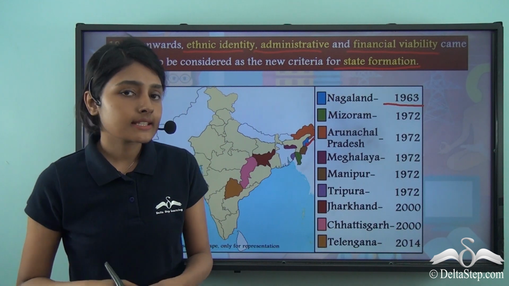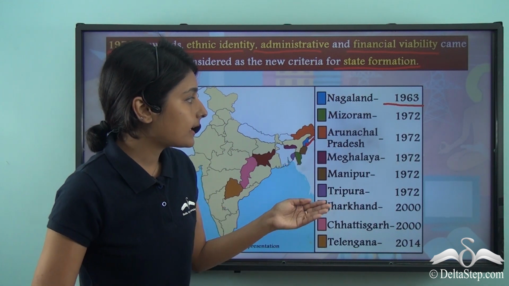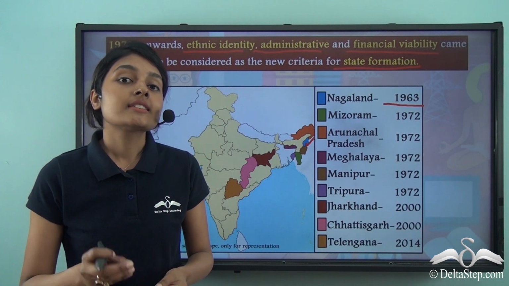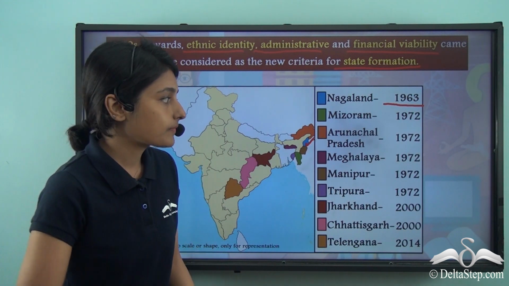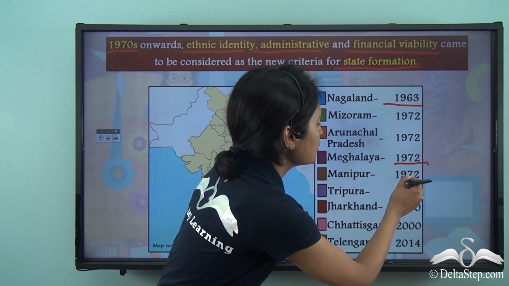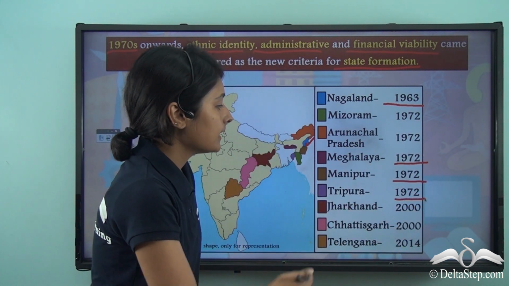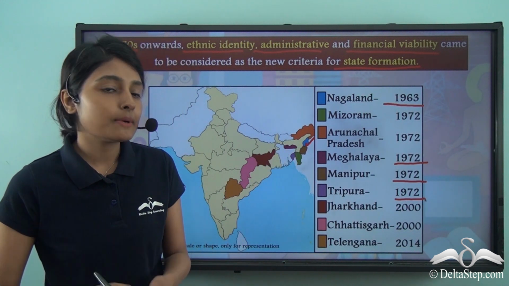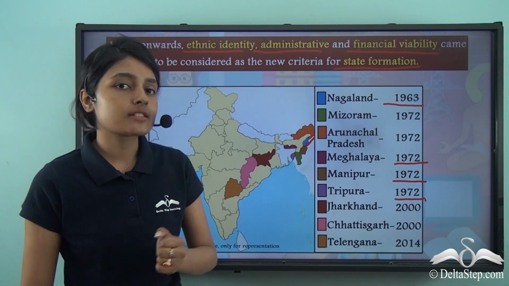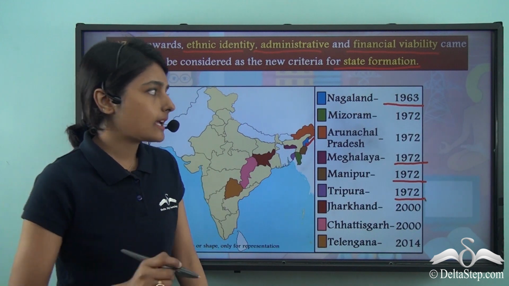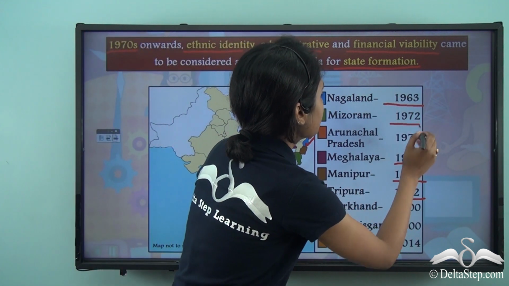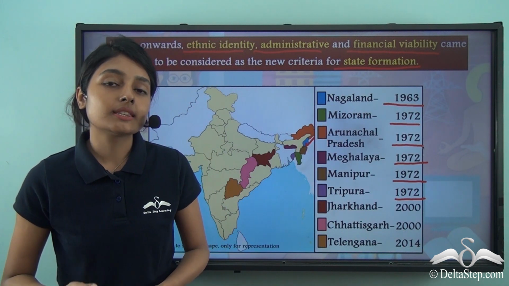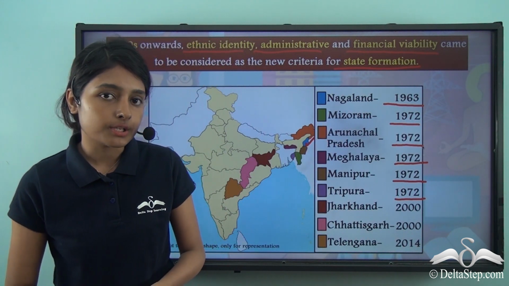Then in 1972, Meghalaya, Manipur and Tripura were accorded the status of new states. So in 1972, Meghalaya, Manipur and Tripura also came into being as independent states in the northeastern part of the country. In 1972, Mizoram and Arunachal Pradesh were made union territories, but these became states later on.